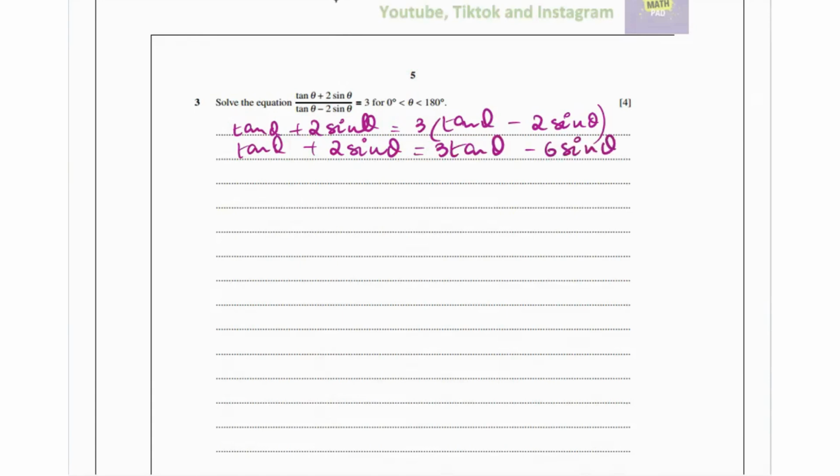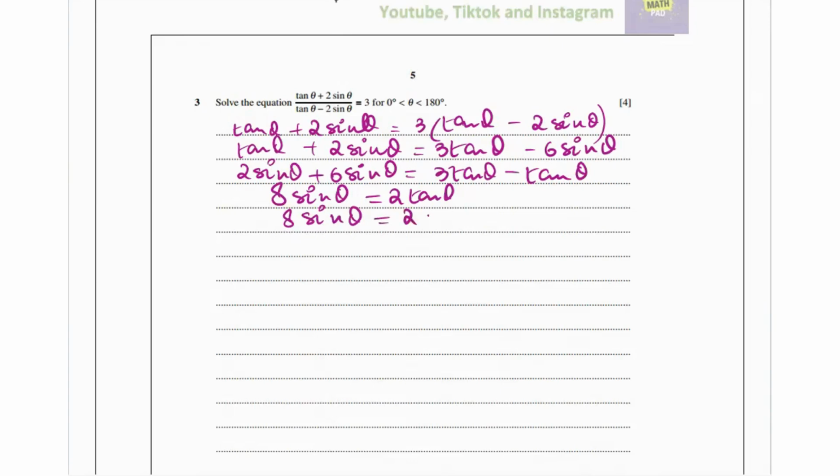Collect the like terms on each side. So 2 sine theta plus 6 sine theta on one side and 3 tan theta minus tan theta on the other side. So that's 8 sine theta equals to 2 tan theta. Now we know that tan theta is basically sine theta over cos theta.